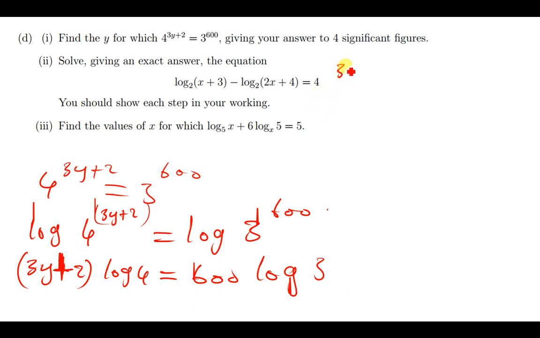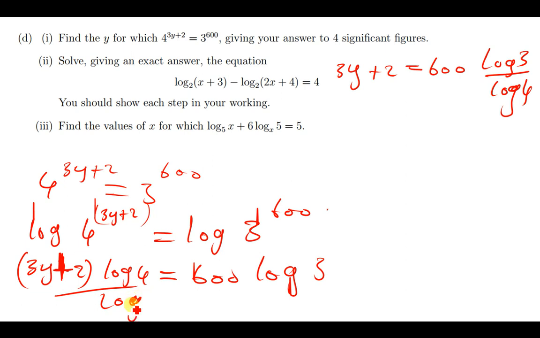So I'm going to have 3y plus 2 is equal to 600, and then we have log 3 over log 4. So log 3 over log 4, you can use the calculator to find that.